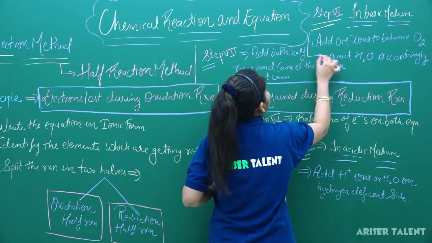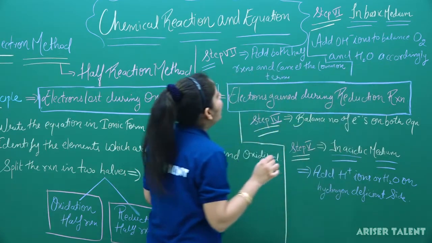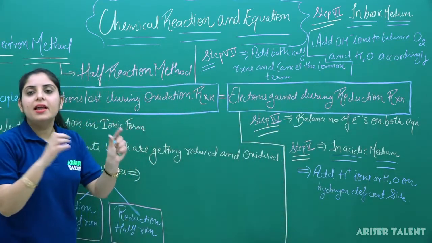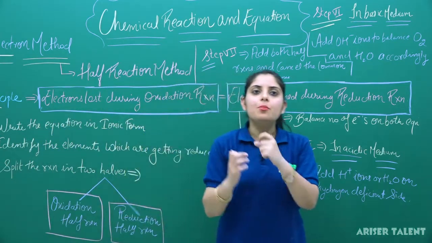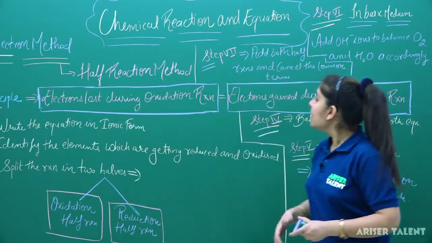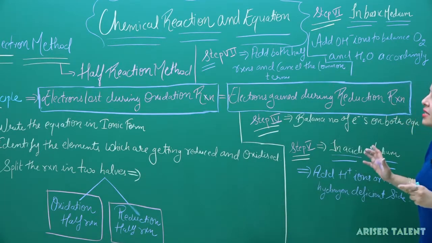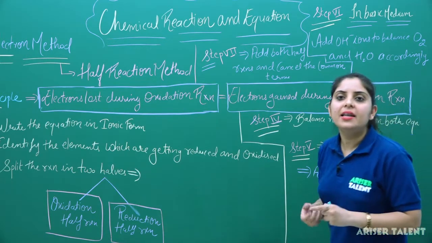So in this last step, we will add both the half reactions, and if there are any common terms on both sides of the equation, we will cancel them. So these are the 7 steps that we will follow in the ion electron method.